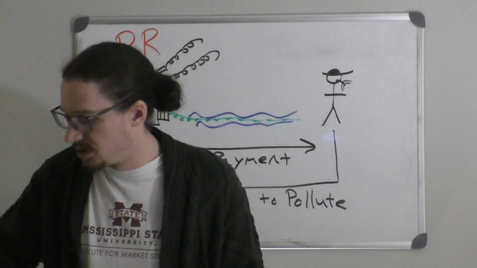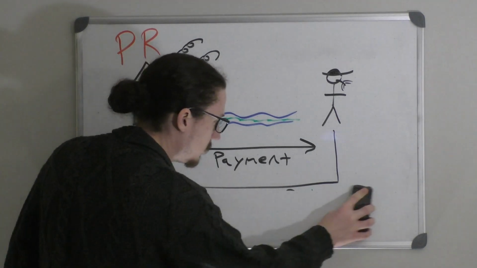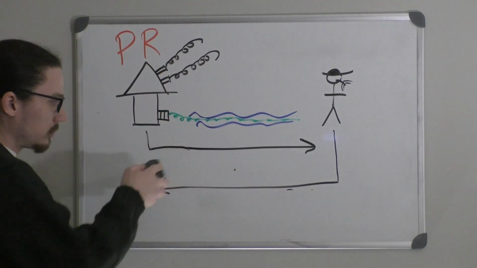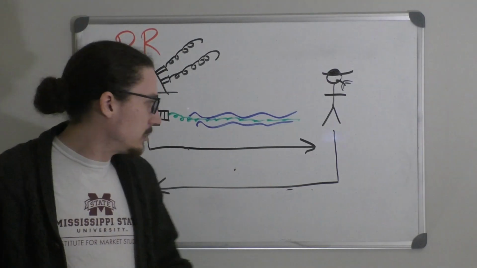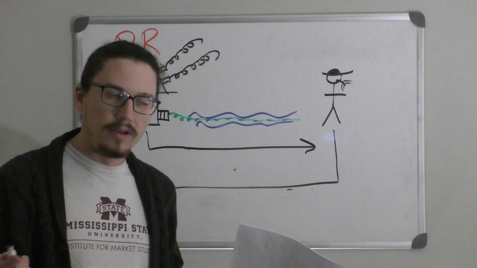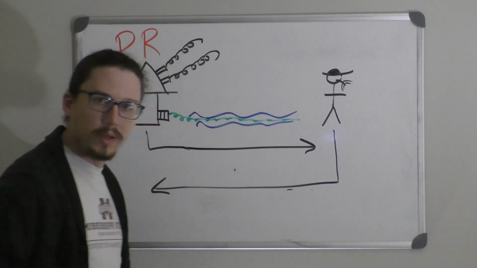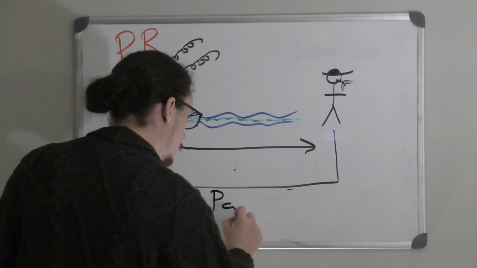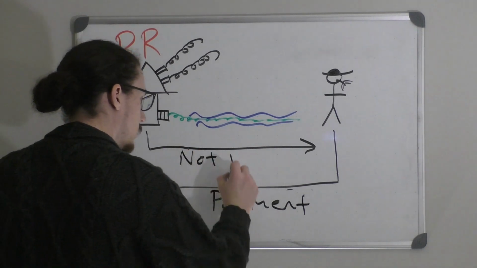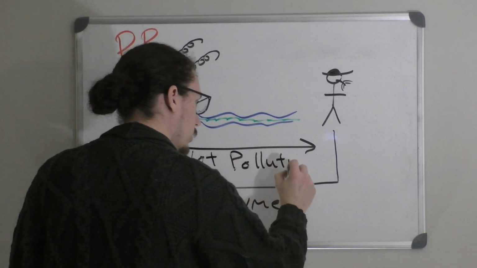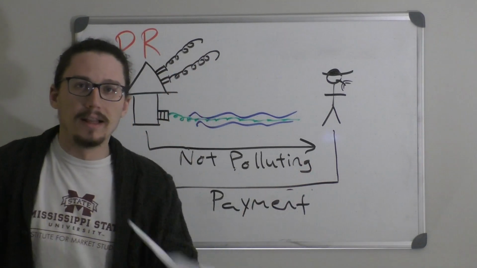Right, and this would only change the situation slightly, right? The only difference is that in this case, if the factory owner has the property rights, then the farmer would be paying the factory to not pollute, right?